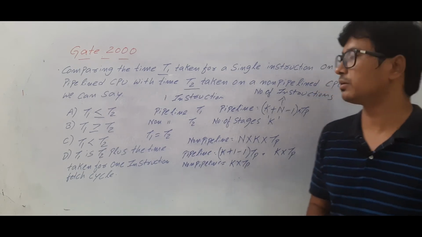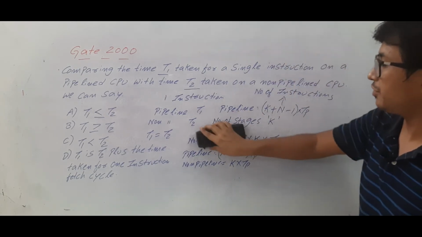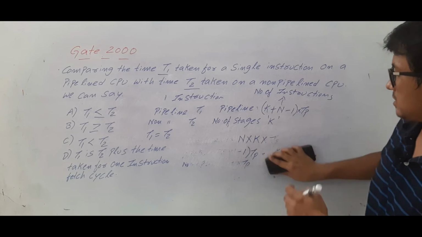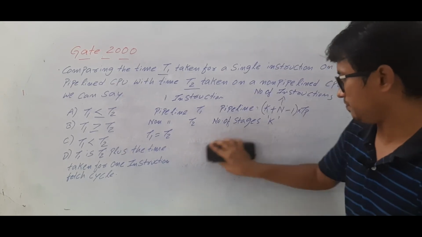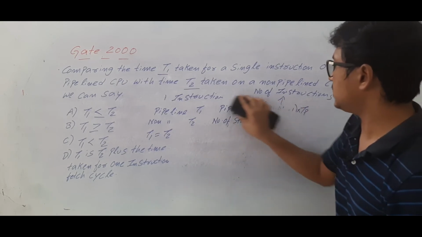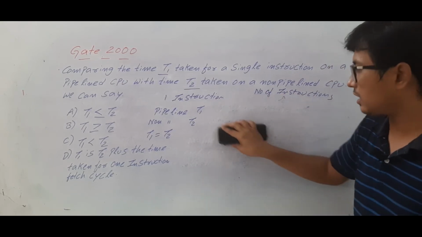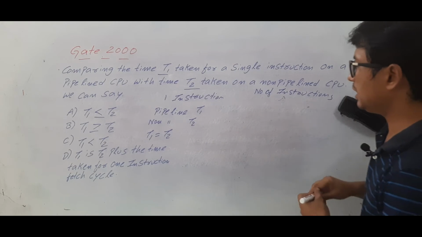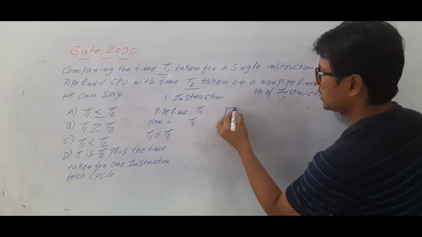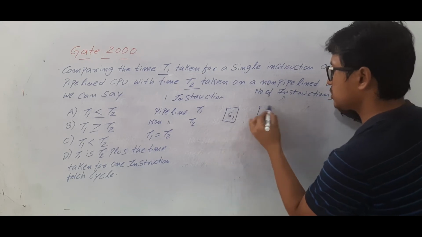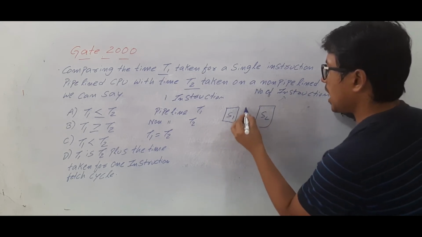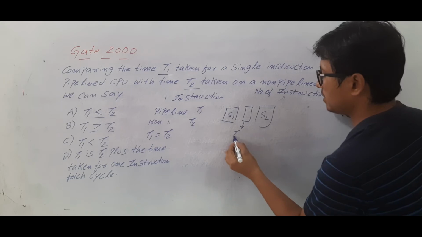But one more thing to remember. Let me erase this one. I hope you have understood how I got T1 equal to T2. Now in any pipelined architecture, let's take a two stage pipeline, stage 1, stage 2. You will have registers. Am I right or wrong?